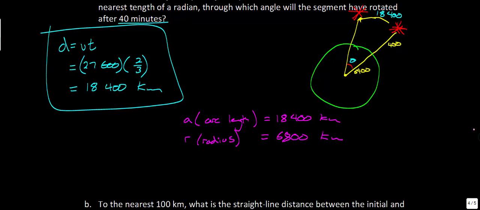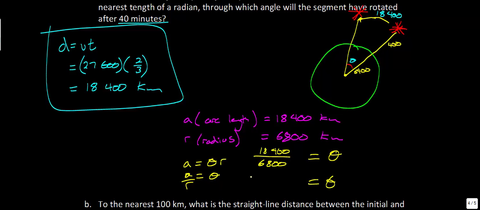Okay, so how are we going to get theta? Well, one of the rules on the very first page looked like this. It said that A is equal to theta R. Well, we can use that information to find what theta is going to be. So theta therefore must be equal to A over R. I'm running out of real estate right here, but we'll just write it like so. Theta then is equal to my A, which is 18,400 divided by 6,800.